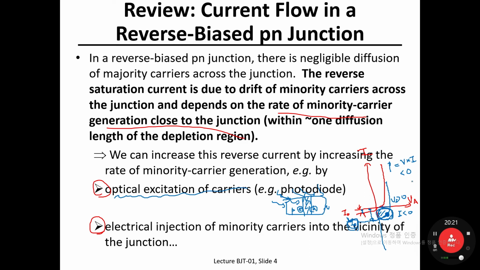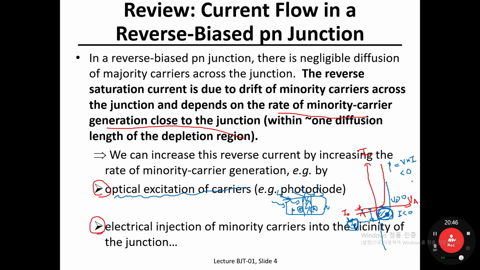And the second approach to increase the thermal generation or generation rate of minority carriers close to the junction is electrical injection of minority carriers into the vicinity of the junction. So that magic box turned out to be simply an N plus region.